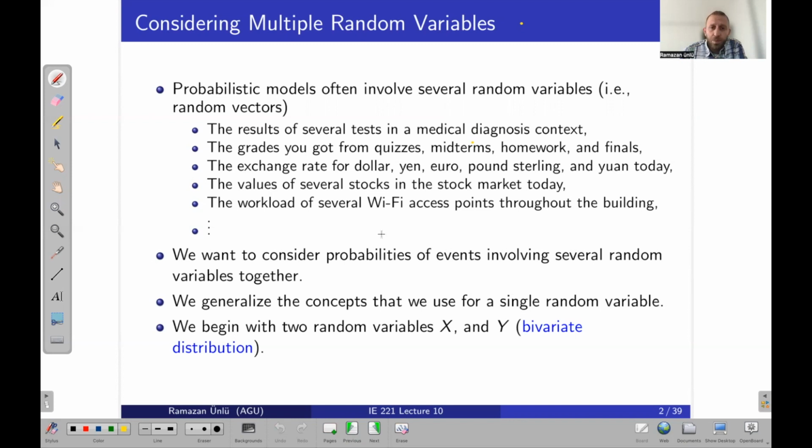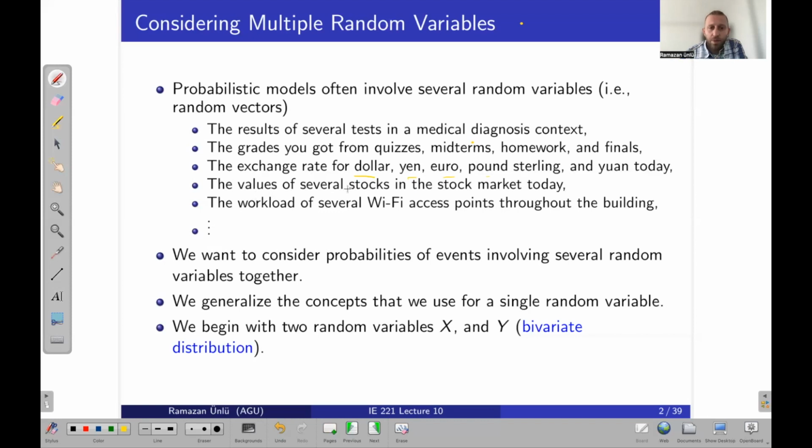If you want to associate all these things with some other results, you have to consider all of them. The dollar, yen, euro, and pound can be considered random variables, and you have to deal with all of them together, because one will affect another, and so on.